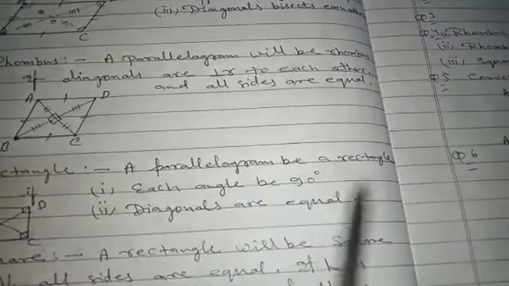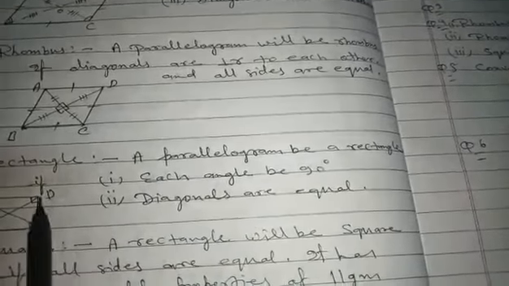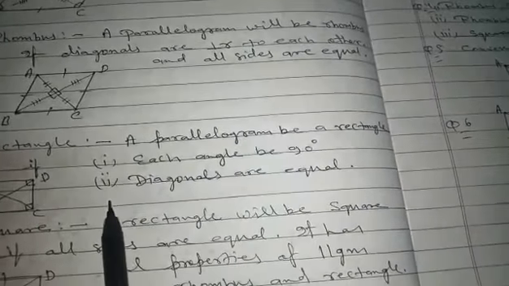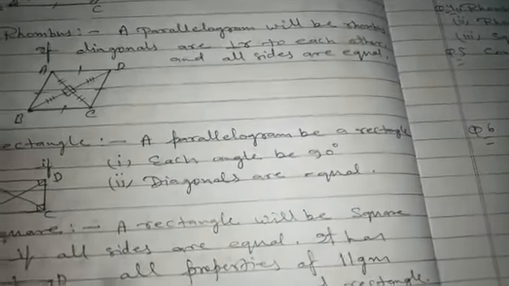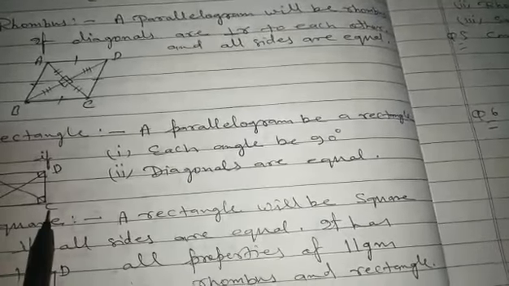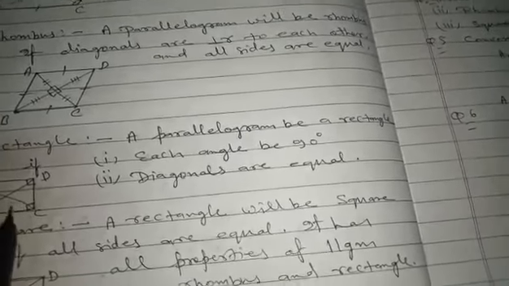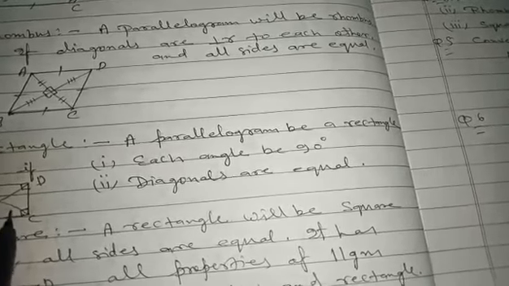Now you see third, rectangle. A parallelogram will be a rectangle if first each angle is 90 degrees and second diagonals are equal. You can see in this figure ABCD is a rectangle and it is also a parallelogram.